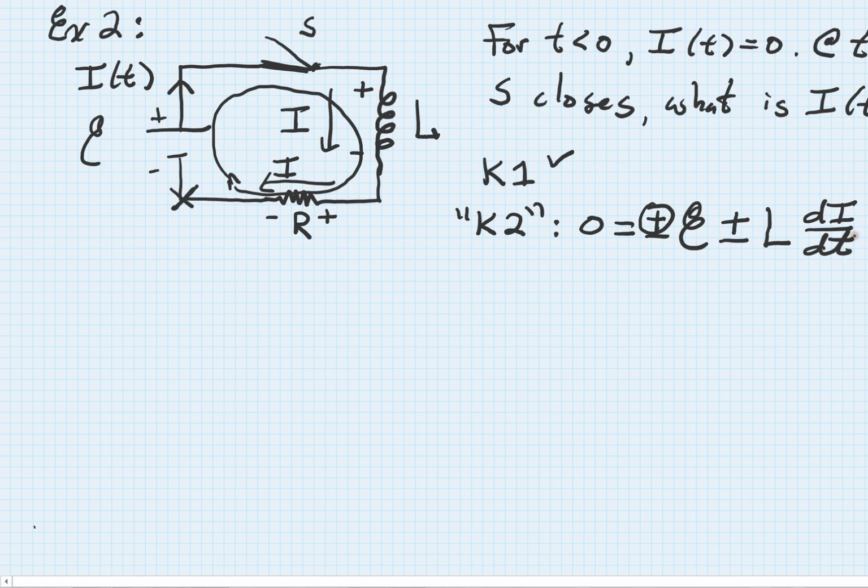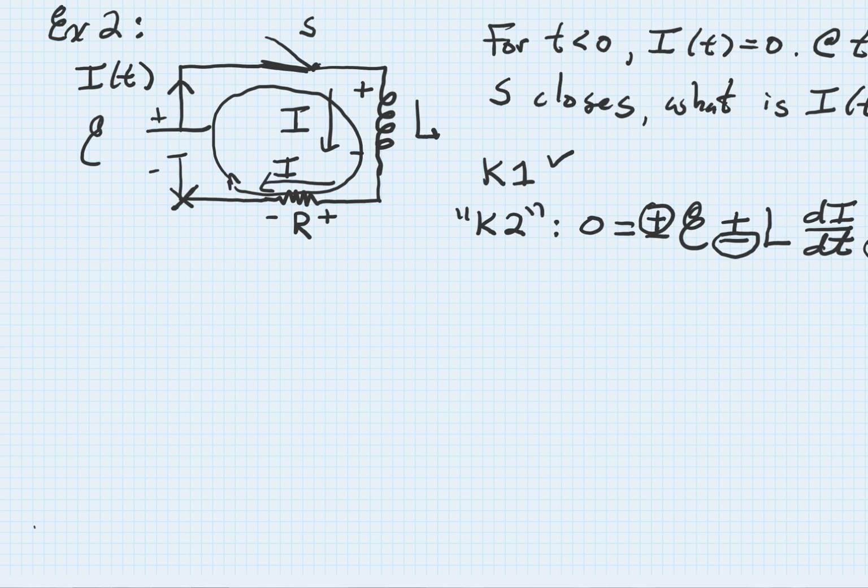And in this case, we happen to be going from the conventional plus to the minus side of that inductor, going downstream. So that always counts as a minus. And then finally, as I come across my resistance, I'm going from the presumed plus to the presumed minus side. So then, once again, that would be plus or minus IR, but in our case, it ends up becoming minus. Very good.